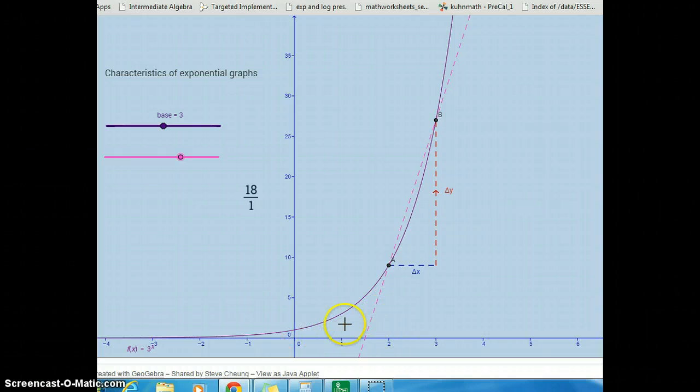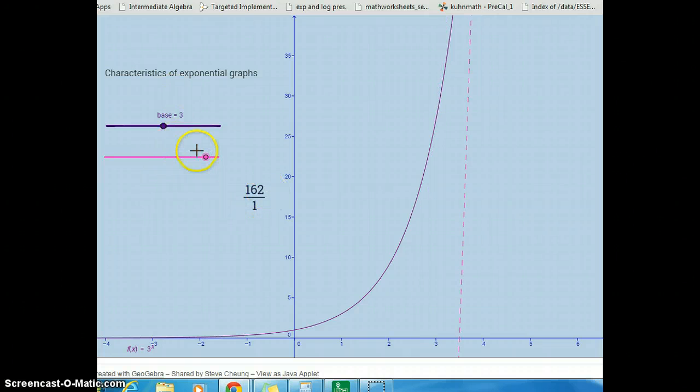So it went from 2 to 6 to 18. So it's growing by 3 again. Between 3 and 4, I'm going to have 3 times 18, which is 54. And between 4 and 5, 3 times 54, which is 162.